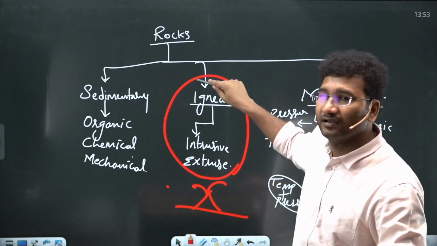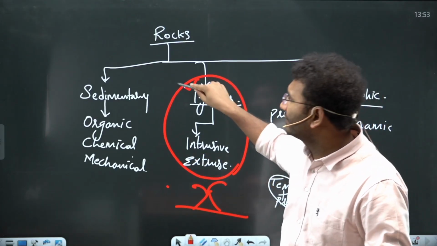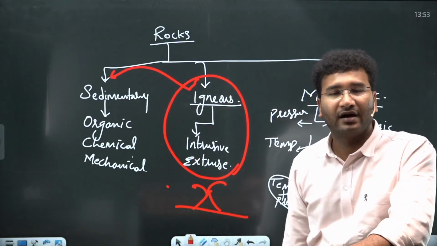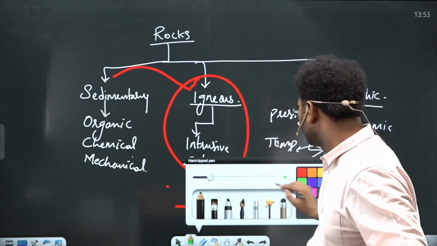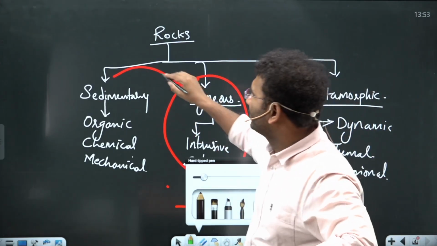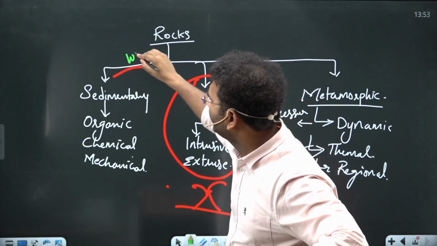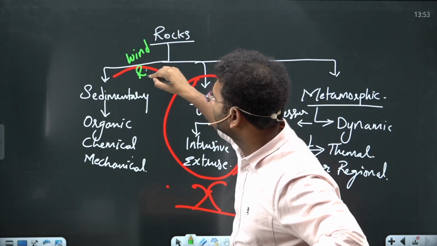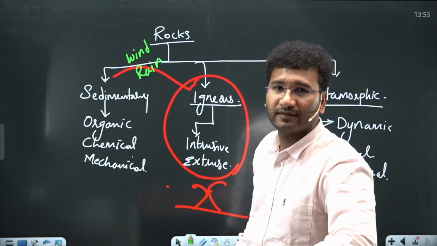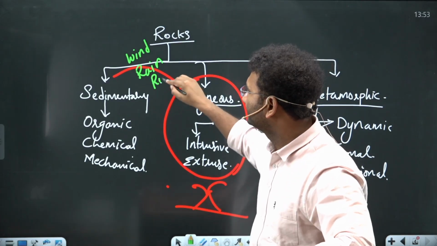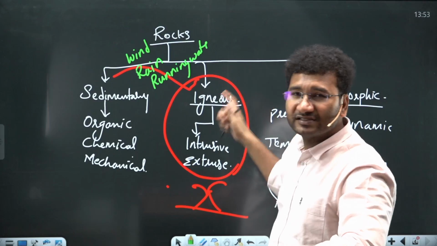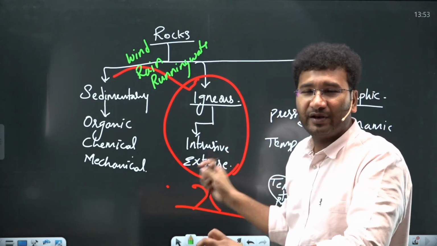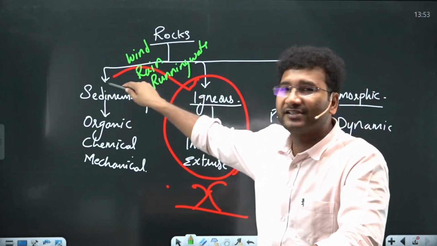Suppose, can I convert igneous rock into sedimentary? I can convert. How? Suppose igneous rock is exposed to wind, rain, and running water. On a continuous basis, these rocks are getting hit, they will break into particles and it can become sedimentary.